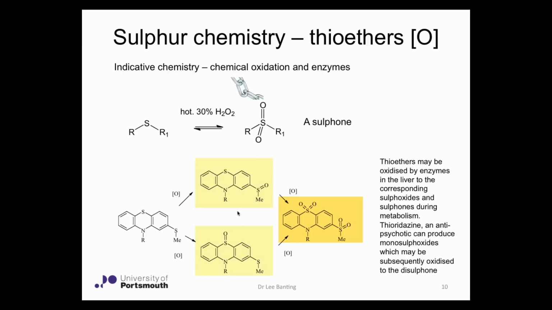But what you do get from these compounds on further oxidation is the fully oxidized disulfone. So when you look at the metabolism of this drug using chromatographic methods such as HPLC or GC, you can see these two sulfoxides and this sulfone, but not a disulfoxide.